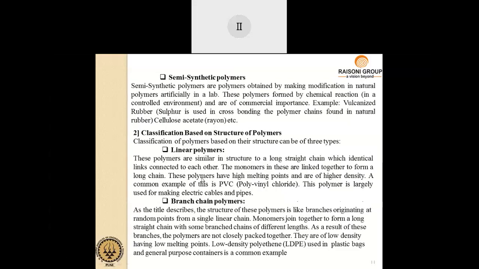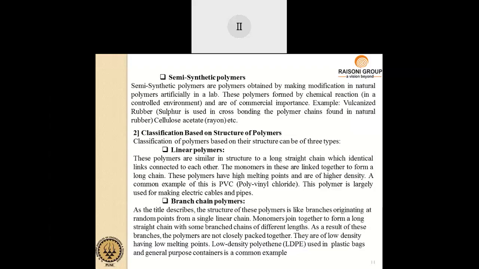Then another type is semi-synthetic polymers. Semi-synthetic polymers are polymers obtained by making modifications in natural polymers artificially in a lab.